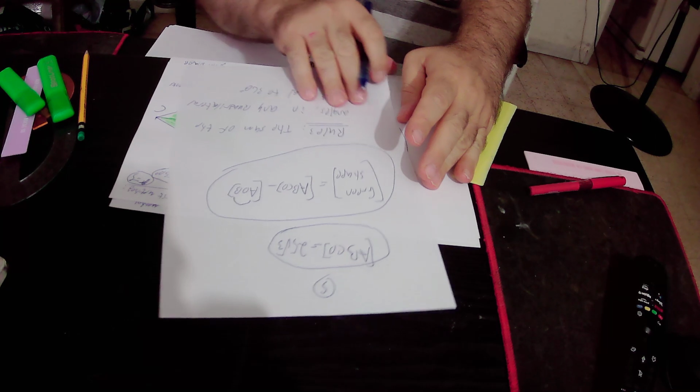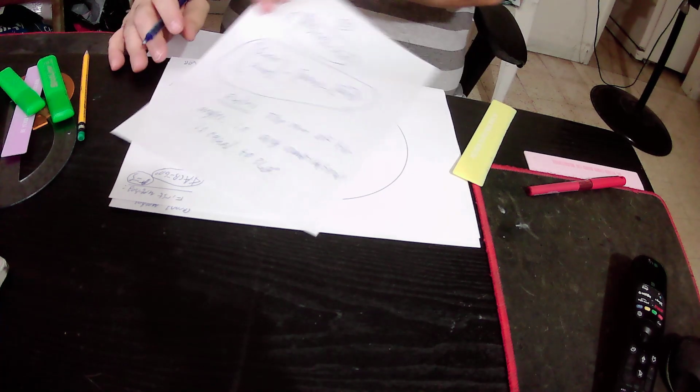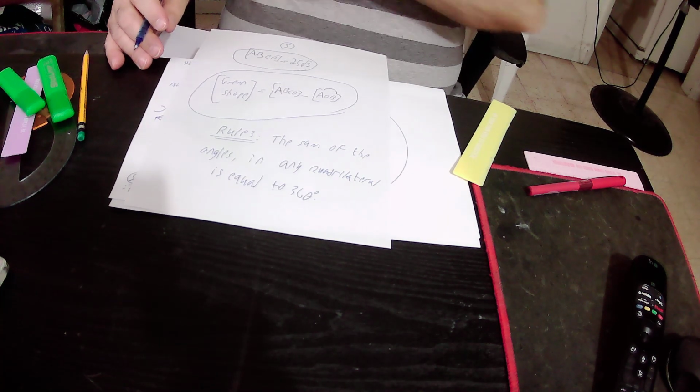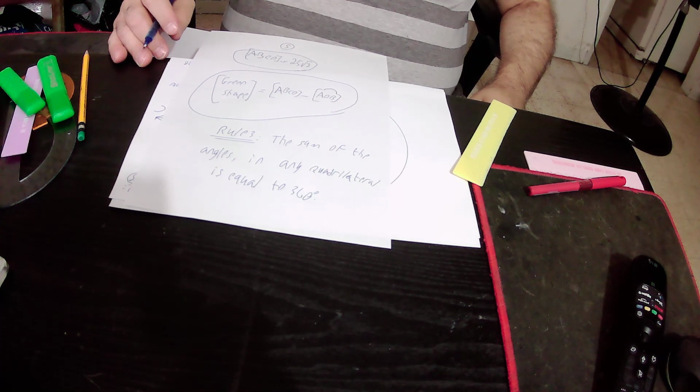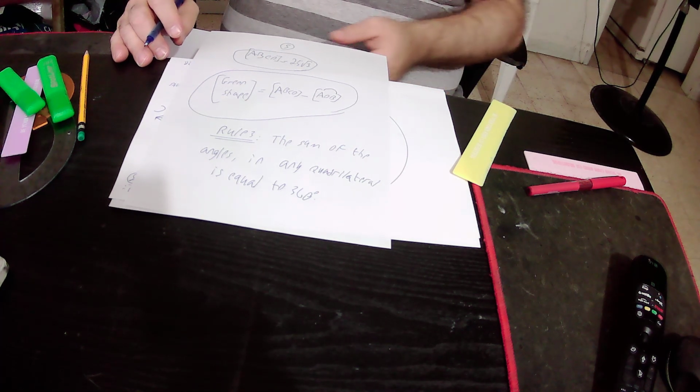I will read rule number 3 again. Rule number 3 states that the sum of the angles in any quadrilateral is equal to 360 degrees.